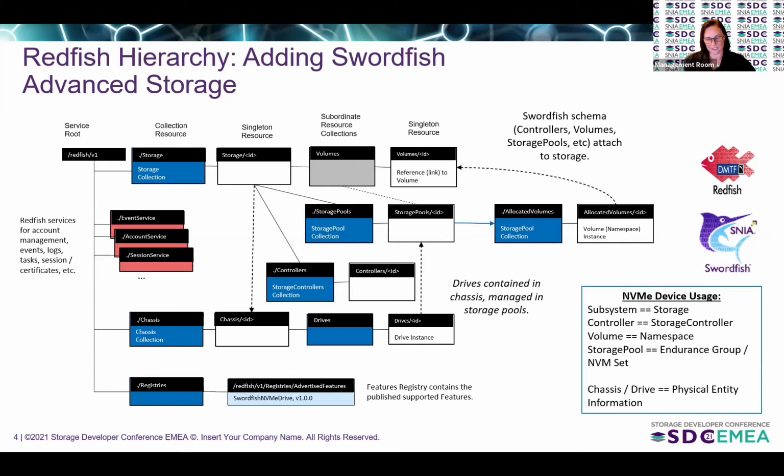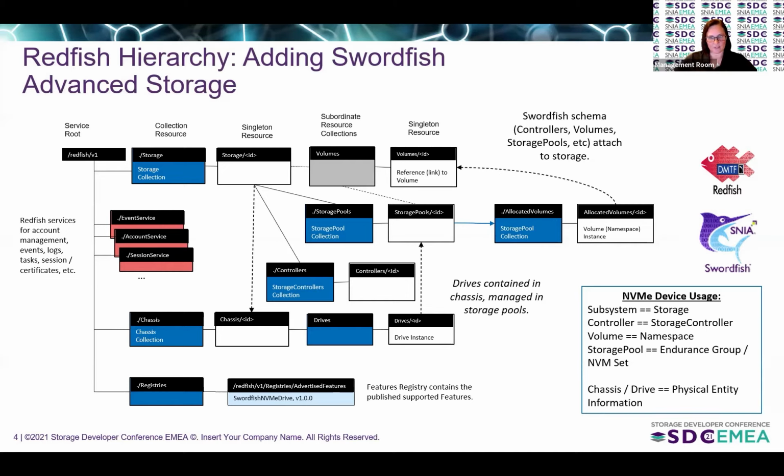However, they had slightly different names, but the underlying representation and concepts were similar. So what we've got down here in this lower right-hand box is a mapping of how we have reused these objects from the traditional storage devices into the newer NVMe usages.